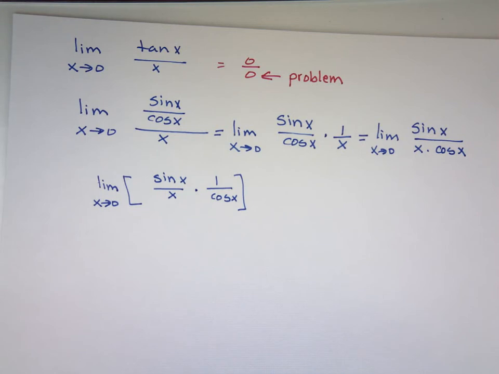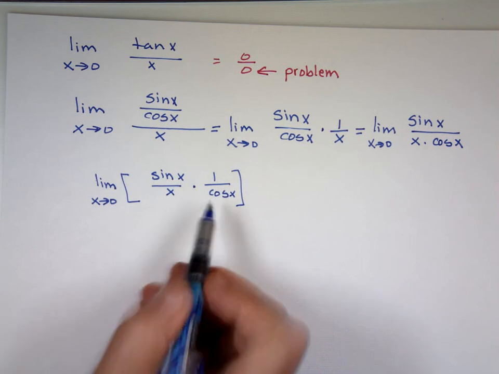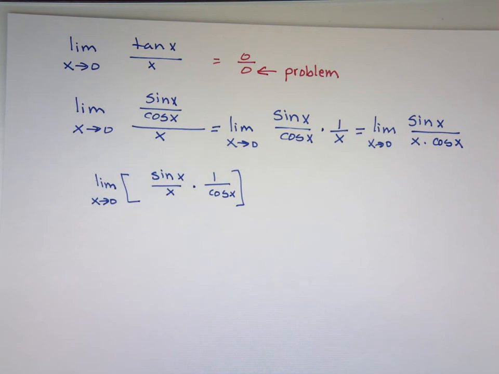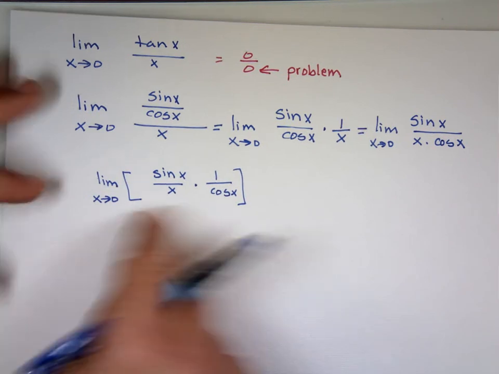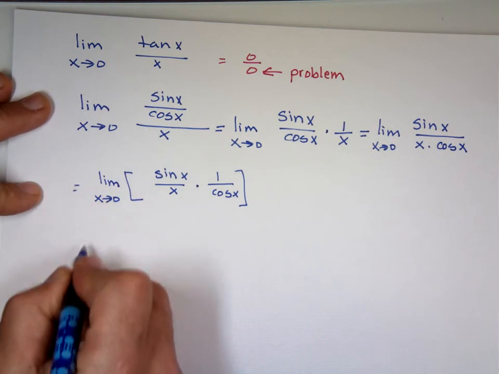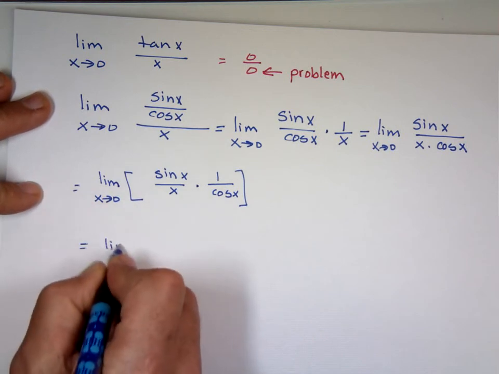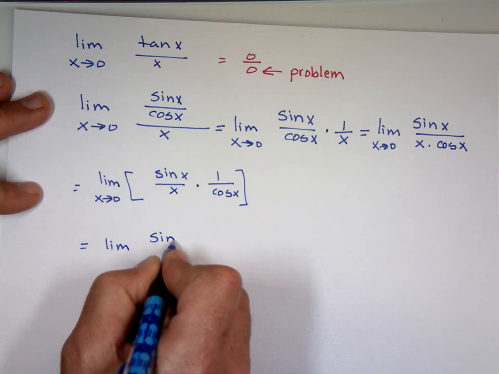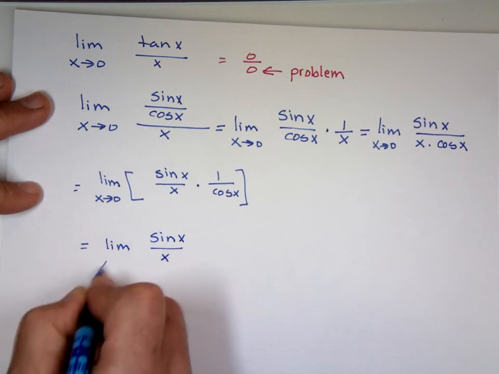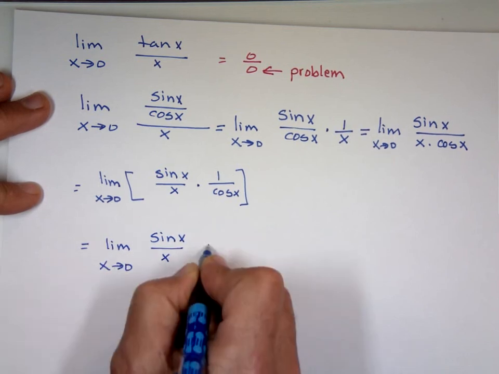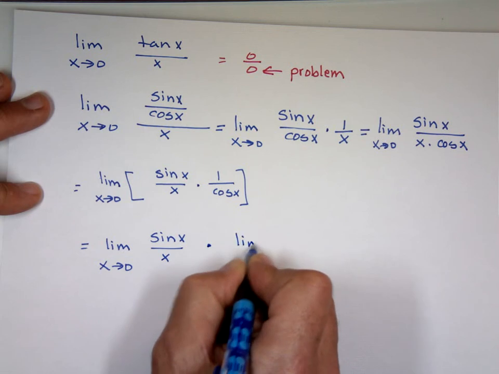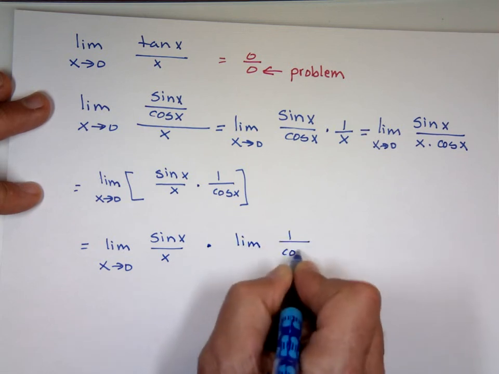When you multiply fractions, the top times the top, the bottom times the bottom. And now I can take this and break it down to two separate limits. The limit of sine of x over x as x approaches 0 times the limit of 1 over cosine of x as x approaches 0.